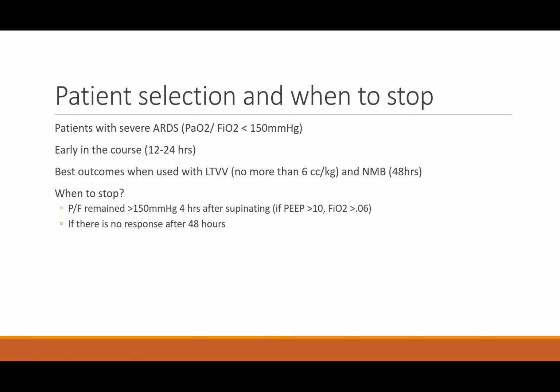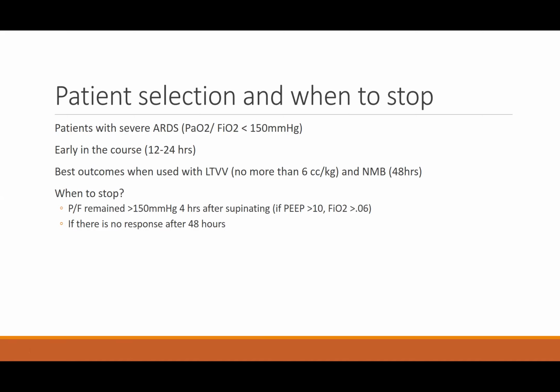So this is always something that people ask me about: how do I know who to prone? Who falls into this category? There's lots of evidence for proning patients at various points during their ARDS, when they fall into different diagnostic criteria.